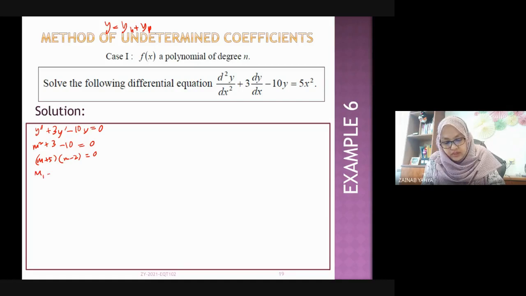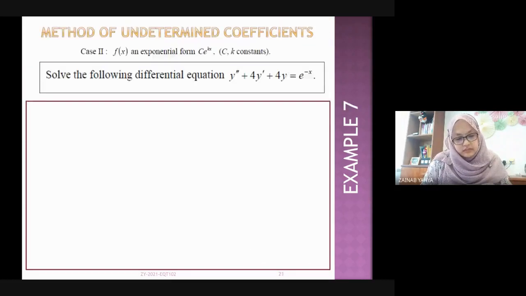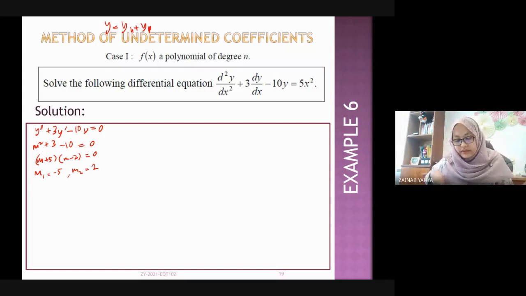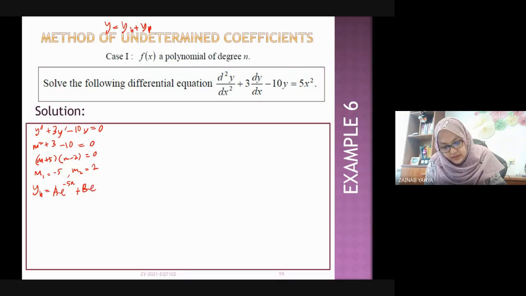So m1 equals negative 5, m2 equals 2. Am I right? Okay, so these are real and distinct roots. So your YH, the homogeneous, you have learned before in exercise 2.1, is A exponent negative 5x plus B exponent 2x. So this is the YH that you will refer to.